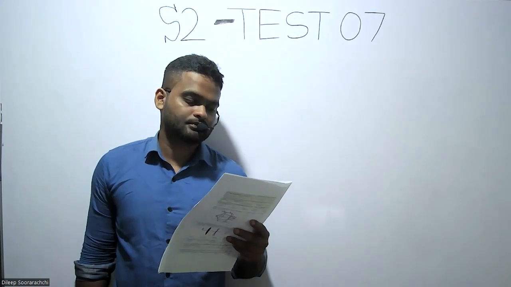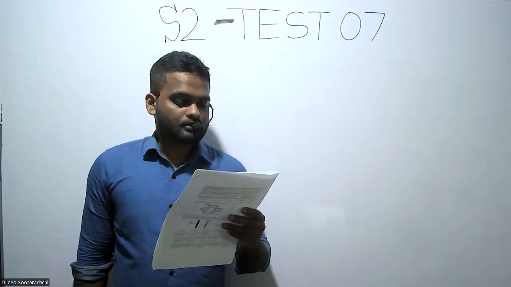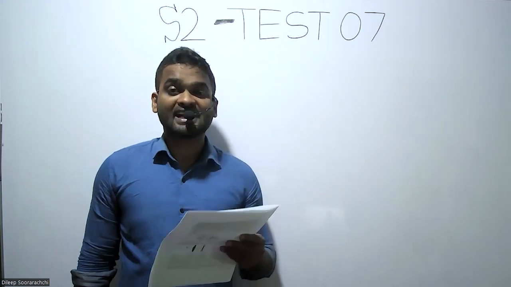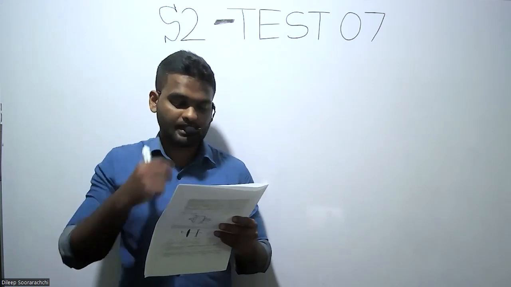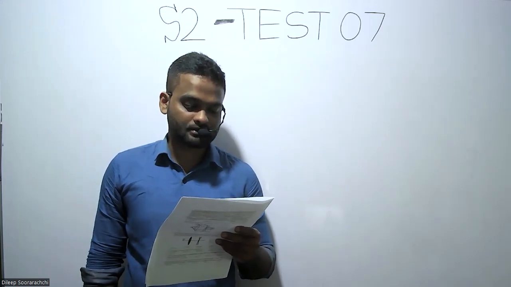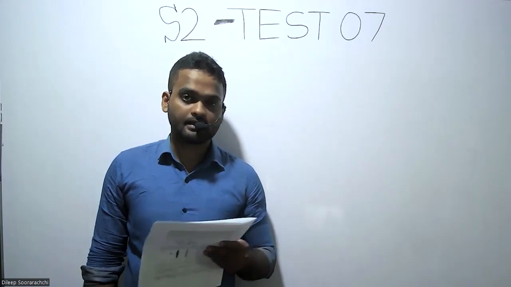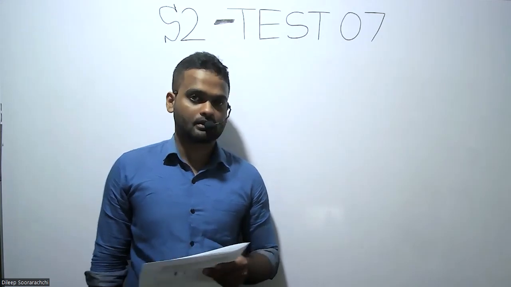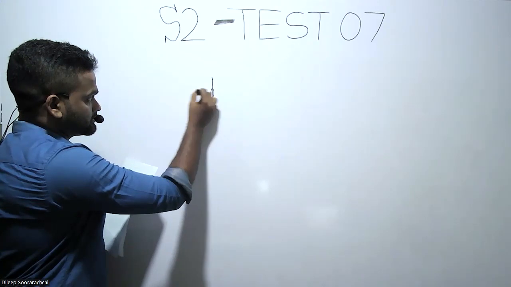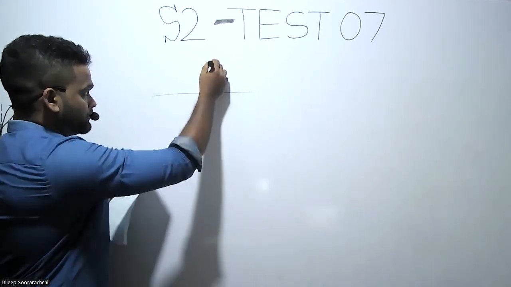14th question. When an object is placed at 21 centimeters on the principal axis of a convex lens, the linear magnification of the image is 2. Consider the sentences below. So for a convex lens, we don't know the focal length.